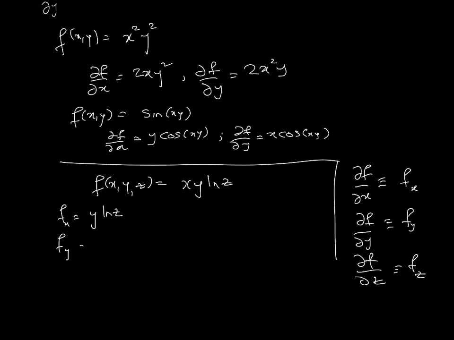The y derivative is going to be x ln z. And the z derivative is going to be xy over z. So those are a few examples for you to get to grips with how partial differentiation works.